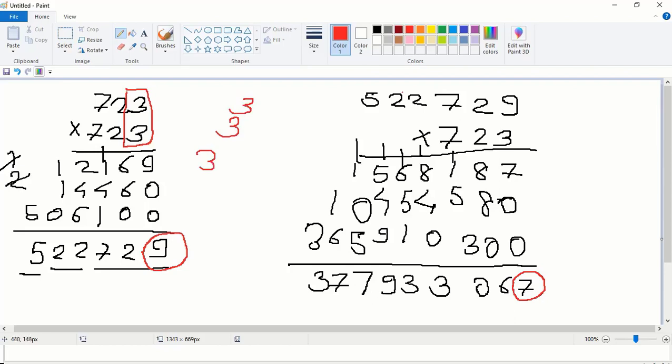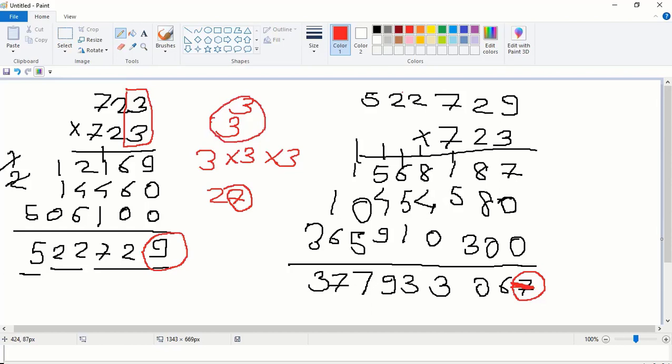Correct? 3 into 3 into 3, then the answer will become 27. So this last digit, 7 of 27, is depending on 3 to the power 3.